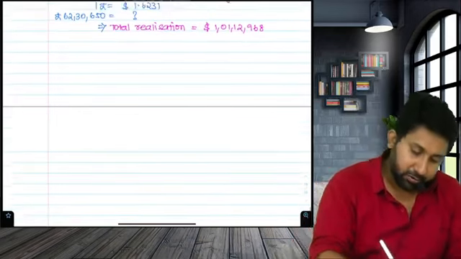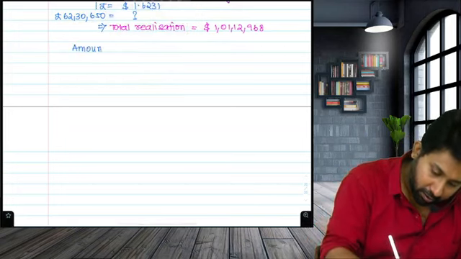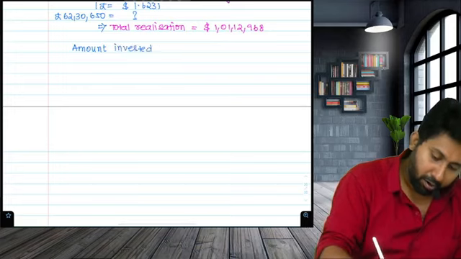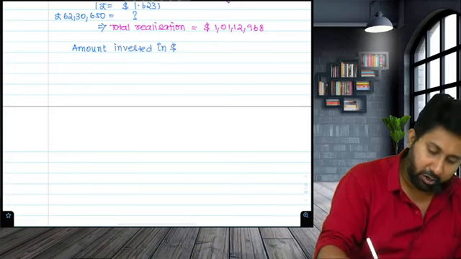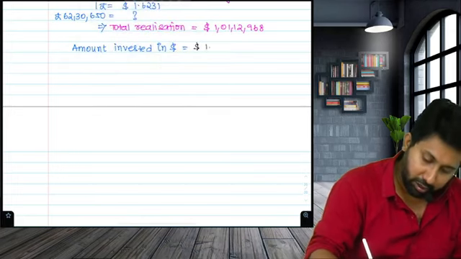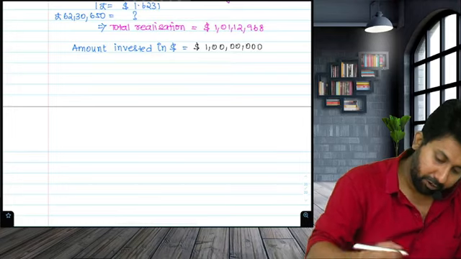Now try to understand clearly. Amount invested in dollars: how many dollars did you invest? 1 crore.